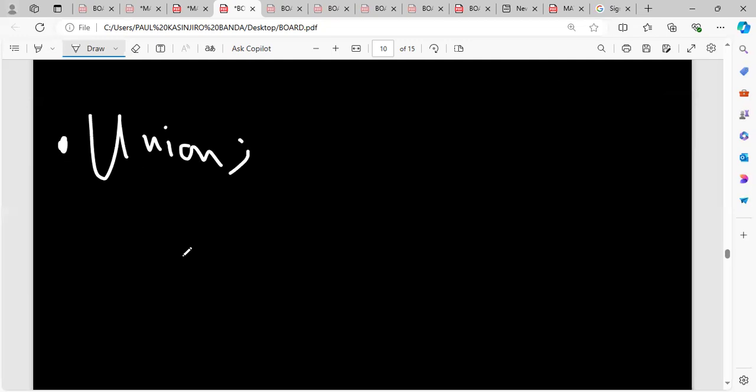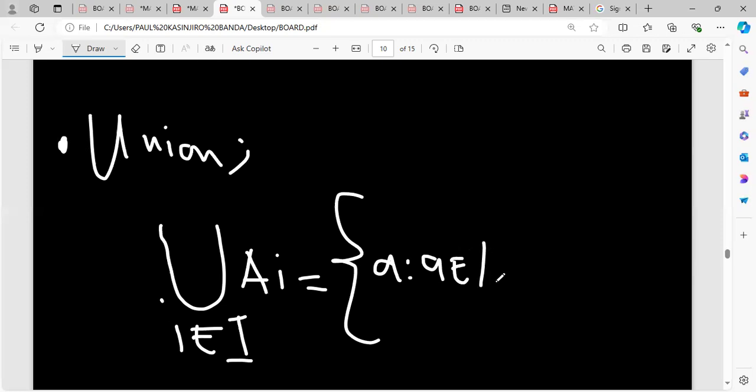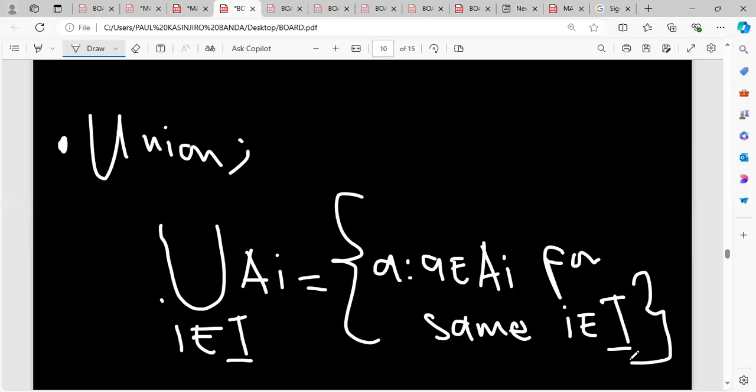The union of all these A_i, where i is a member of the indexing set I, is equal to the set of elements a such that a is a member of A_i for some i in that indexing set I. So for some small i that is a member of the big I, the indexing set, you close the brackets.